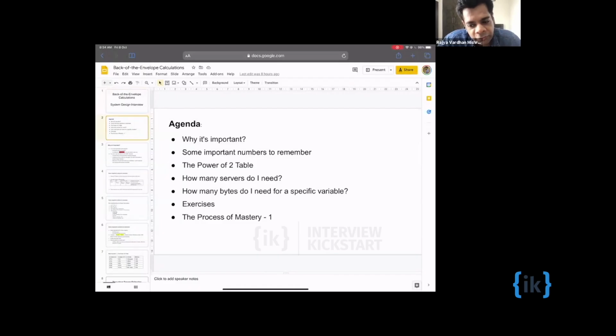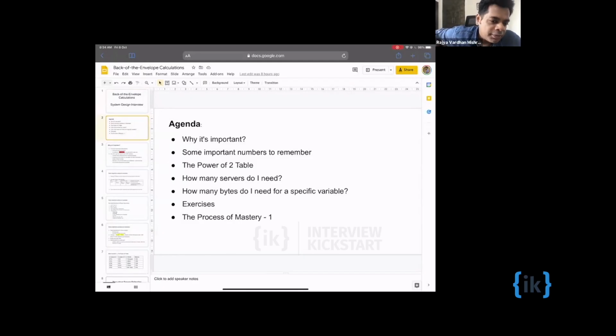So in this session, we are going to see why this particular skill is important. We will look through some important numbers that we must remember. The almighty power of two table, which is going to help us in any kind of calculations.